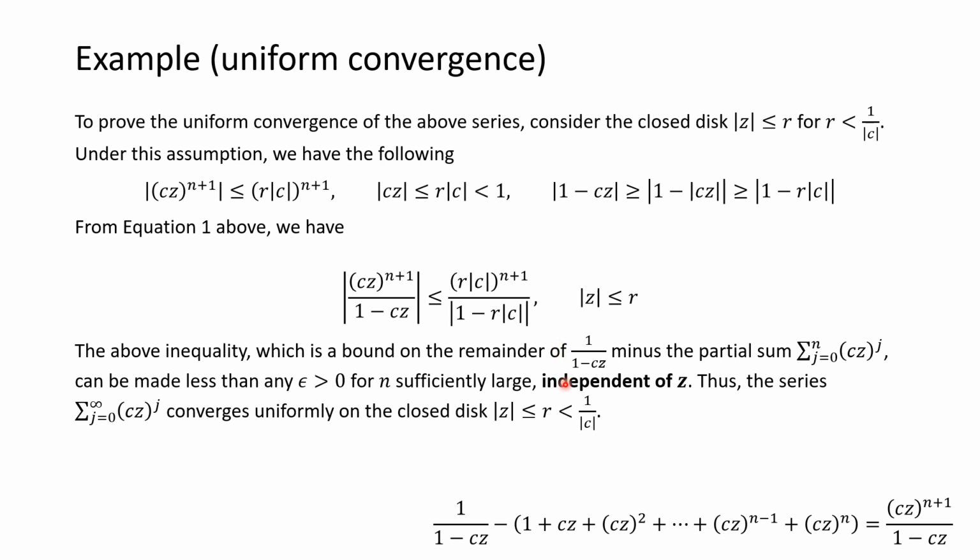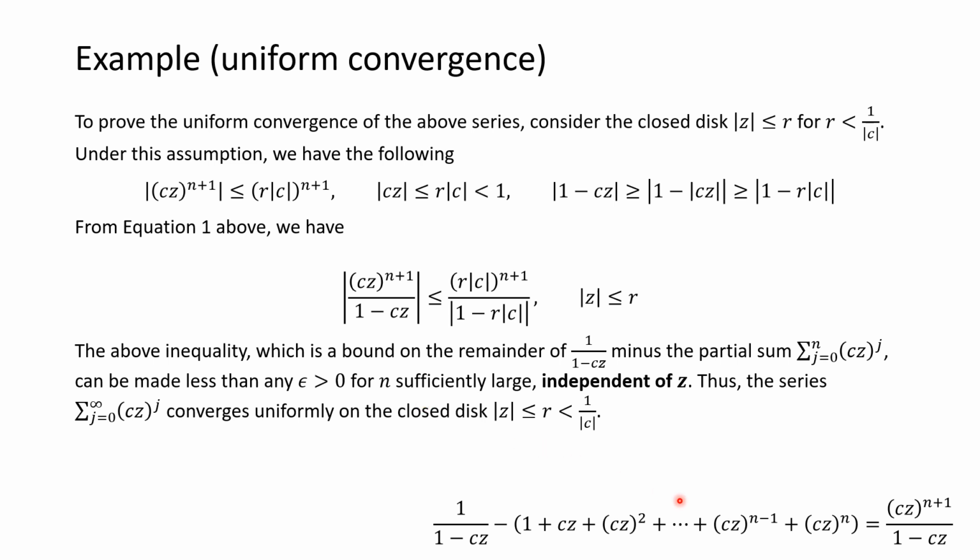So independent of z, you notice there's no z in this expression. So independent of z, for a given value of epsilon greater than 0, we can find n sufficiently large such that this quantity is less than epsilon, which implies this is going to 0 as n goes to infinity, which implies this term equals this series as n goes to infinity, so an infinite number of terms.